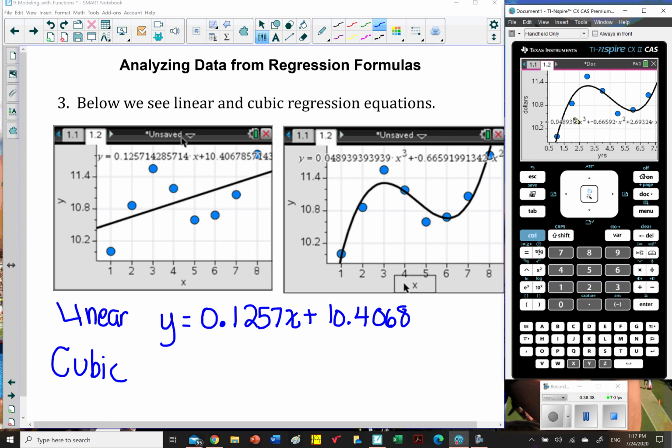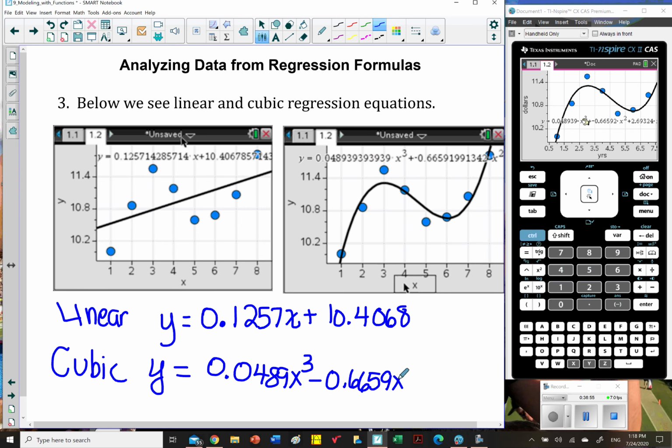And that's this one. The cubic equation is 0.0489x cubed minus 0.6659x squared plus 2.6932x plus 7.9057. Now on the Inspire, I can grab that and hover and move it over so that I can read those.